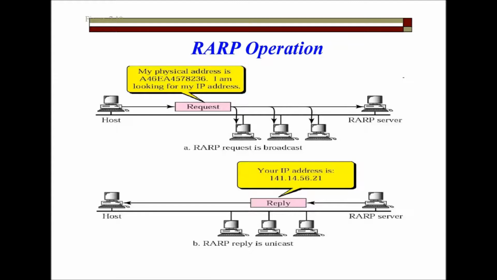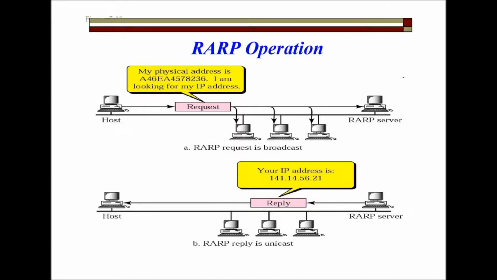And you can see in the second diagram that the IP address of that specific system is 141.14.56.21. The important point over here is this: when the request is forwarded to our reverse ARP server, the reply will be from the reverse ARP server.